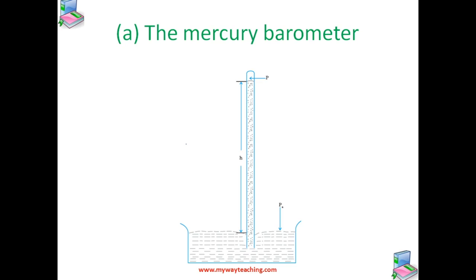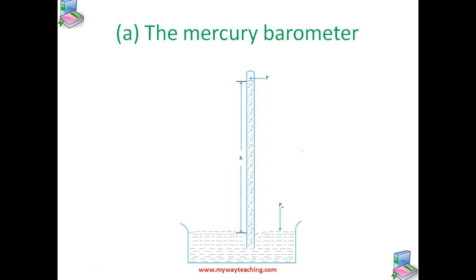The space above the mercury column in the tube contains only mercury vapor, whose pressure is so small that it may be neglected.